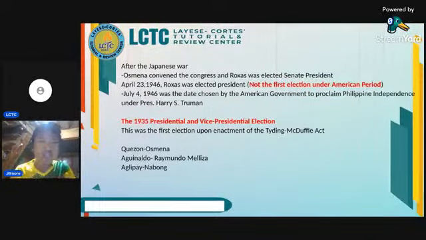July 4, 1946, that was the date that the Philippines was granted full independence from the Americans. From Roxas up to Garcia, the Philippines celebrated its Independence Day on July 4, 1946.